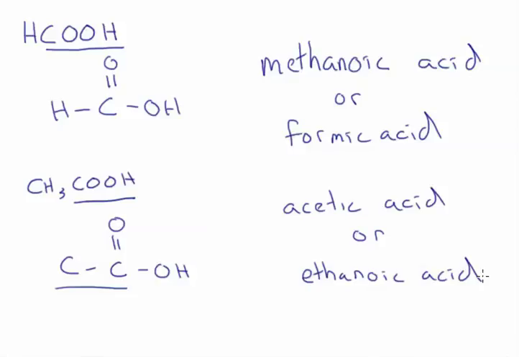I do want to talk about this, because this is how we write the formula for acetic acid when we talk about organic compounds and organic reactions. Because we want you to be able to see, oh look, that's a carboxylic acid. But in your first chemistry class, you almost certainly saw it written like this: HC2H3O2, because this is the acetate ion.